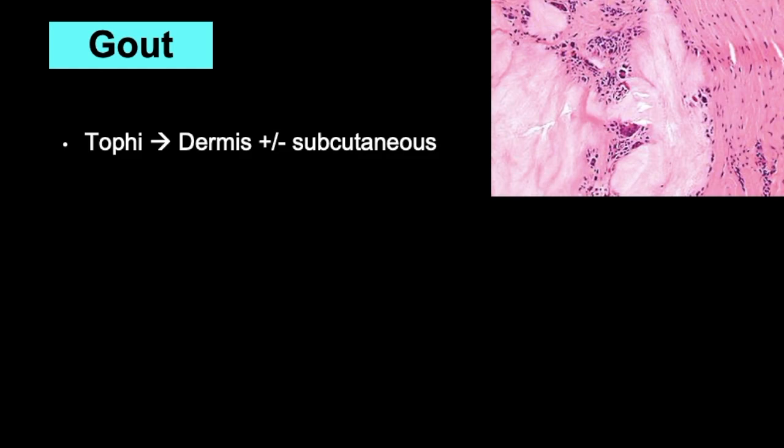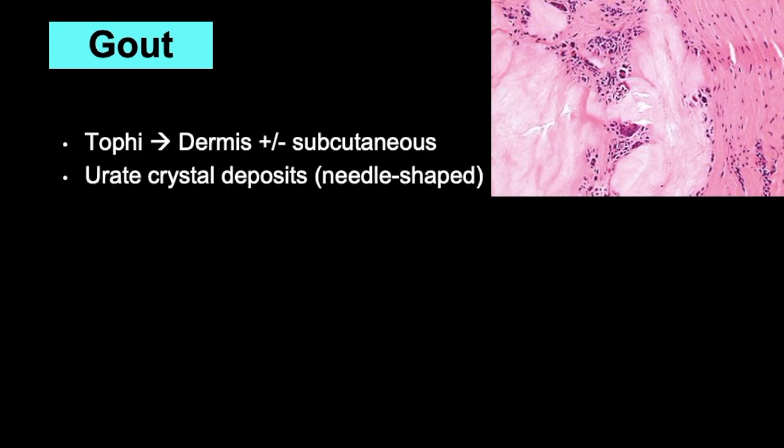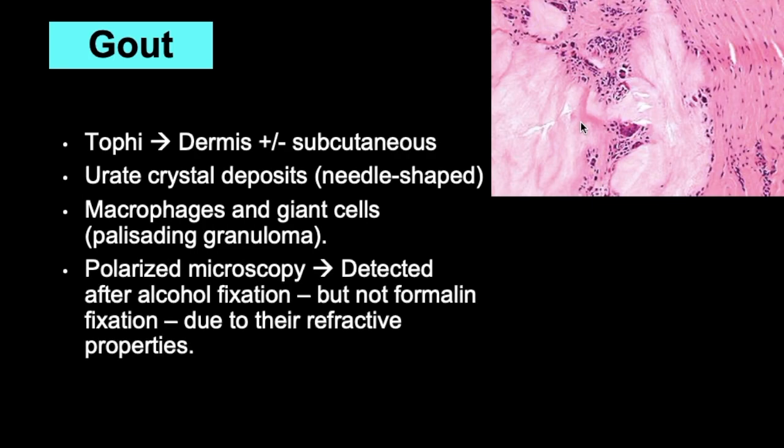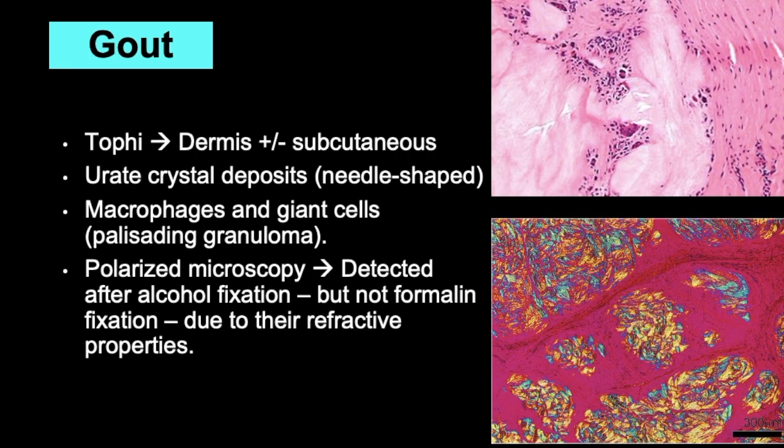Gout happens because of urate crystal deposits, and usually we see on histology those cloud-like features, and you also see giant cells and macrophages, palisading granulomas, and when you do polarized microscopy, you can detect those refractive properties of the needle-shaped crystals.